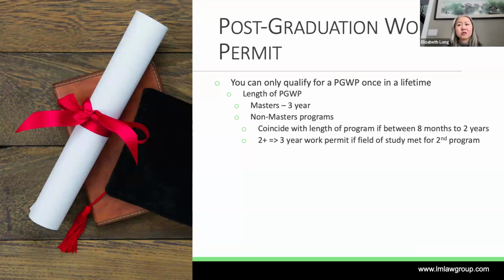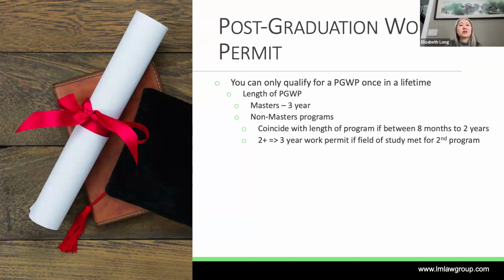If you're doing a master's, it doesn't matter the length of the program, you can get a 3-year work permit. But for a non-master's program, it will depend on the length of the program. So if it's between 8 months and 2 years, you get the length of the program. If I did a 1-year program and it's not a master's, I get a 1-year postgrad work permit.